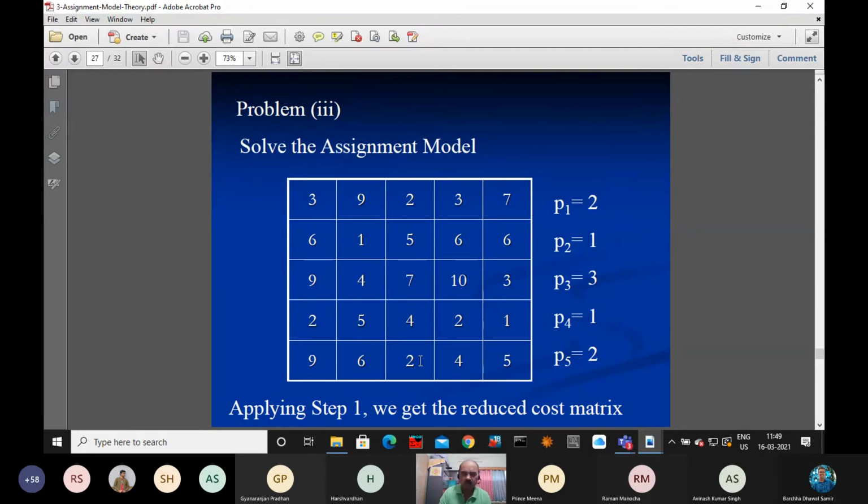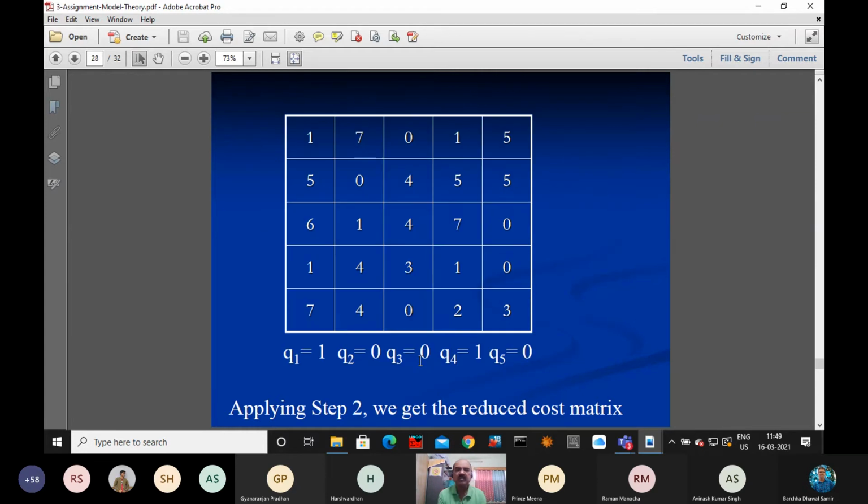Then I will go to this one. What is done? We subtract the minimum element in every row, and see what is happening after the subtraction. After subtracting, we find this is the matrix. In the first row there is a 0, second row there is a 0, third row a 0, fourth row a 0, and the fifth row.